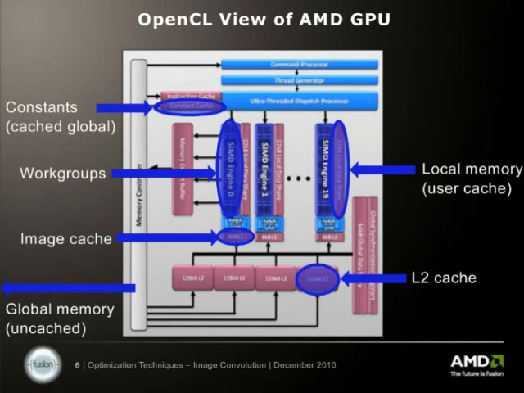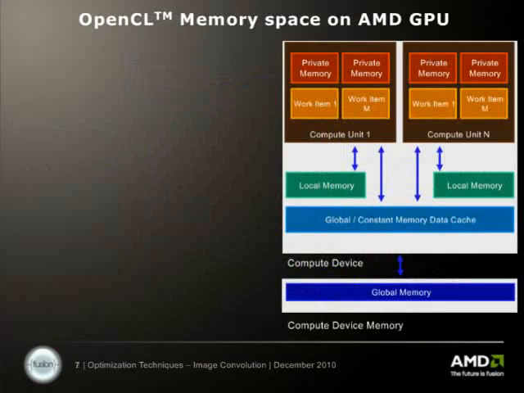When you use __local in OpenCL, that gets translated to this particular piece of hardware. And then this is the L2 cache that is almost transparent to you. The image path, when you use OpenCL images, goes to L2 and then to L1.